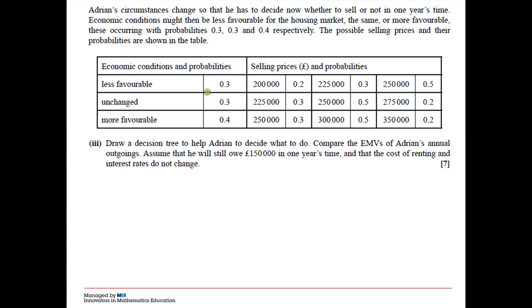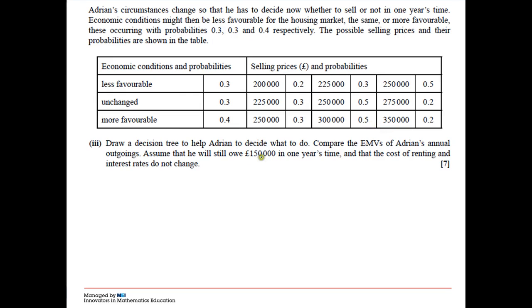So if it's less favourable, then he might sell for 200,000 or up to 250,000. If it's exactly the same, it will be the same. And if it's more favourable, then he might sell for as little as 250 but up to 350. So now we've got a more complicated problem with other things to take into account.